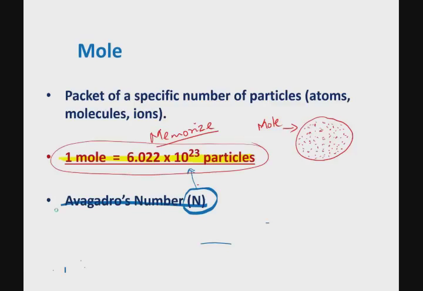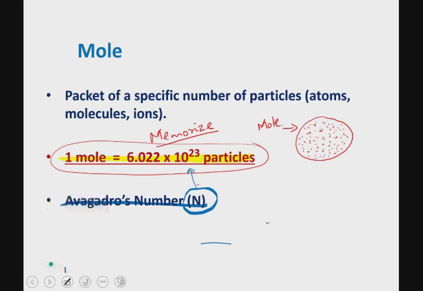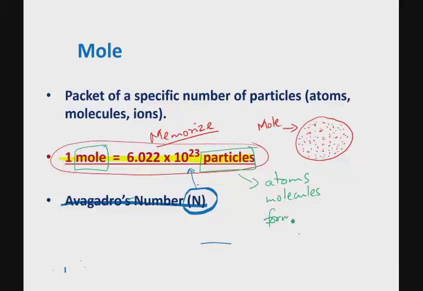Now notice, going back to the equation, what are the two units that are being related to each other using this equation? Exactly, you have moles on one side and you have particles, which, as I've said many times already, could either be atoms or molecules or formula units, or in some cases also ions.